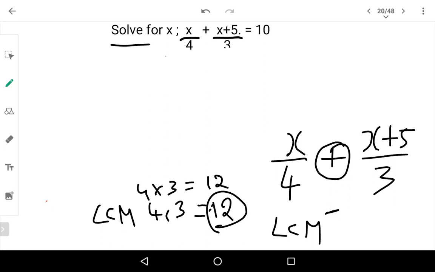In most cases, you can multiply the denominators, but in a few cases, you have to do the LCM directly. Now you understood the LCM part. Any doubts in that? Yes or no?